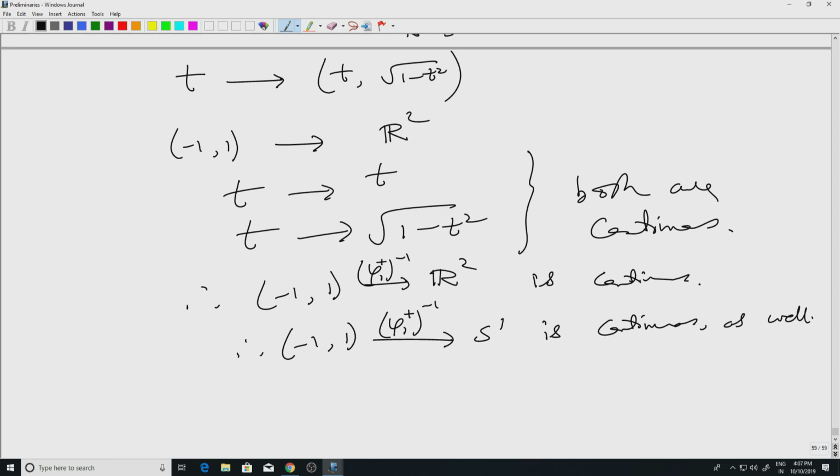So what we have shown so far is that it's a topological n manifold. Therefore, S1 is a topological 1 manifold.